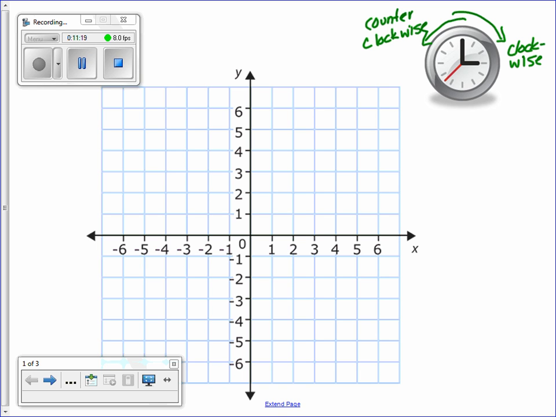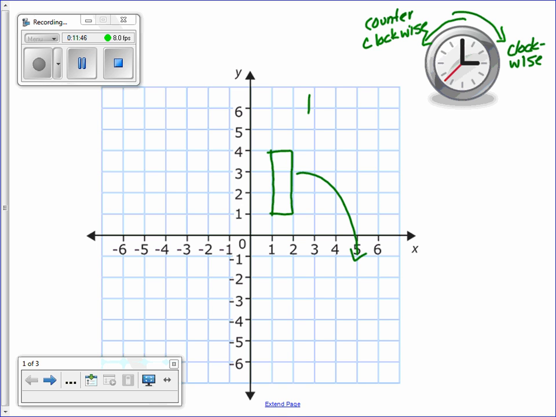Now, if I had something here, let's say I just have an image that's right here. Not even going to worry about a whole lot of stuff right now. But what I would do, if I wanted to rotate this image 90 degrees clockwise, it would end up here.